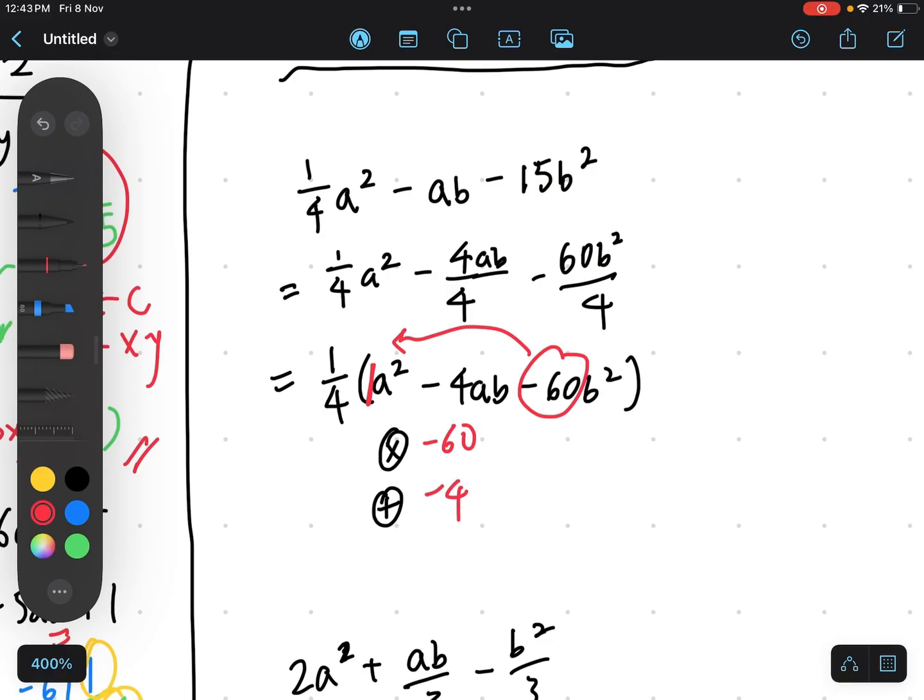Factors of 60. Is it 12 and 5? Is it 5 and 12? Wait, my brain's getting confused. Two terms are minus 10 and positive 6.